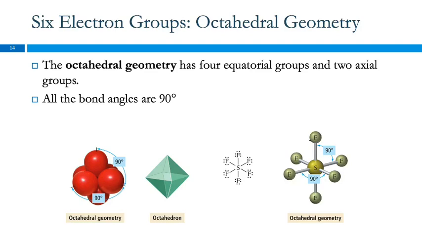Couldn't you turn it on its side and still have the same? Yes. This one, because all the bond angles are the same, we can turn it on its side and it's exactly the same. So this balloon octahedron, I have red balloons, and we can still talk about these as axial and these as equatorial.